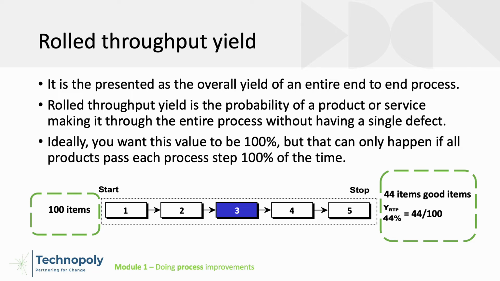Simply put, if I started with 100 items at the very beginning and I end up with 44 good items the first time around with no rework, then my rolled throughput yield is 44 out of the 100. This is the yield of the overall process.